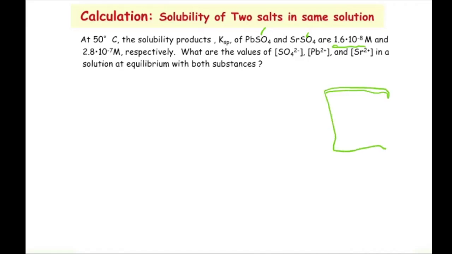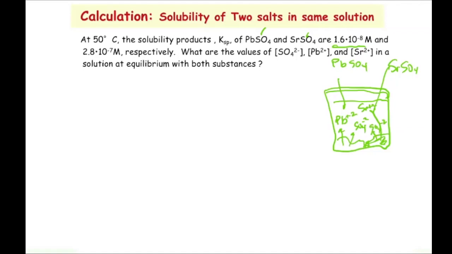You're putting in lead sulfate and you're putting in strontium sulfate, and you're going to get these two types of solids. One of them is going to produce lead and also sulfate, and the other one's going to produce strontium and also sulfate.